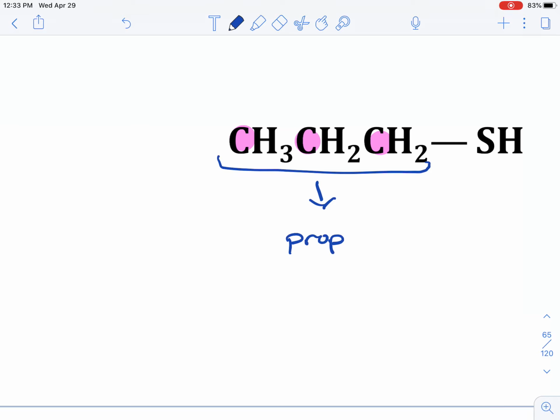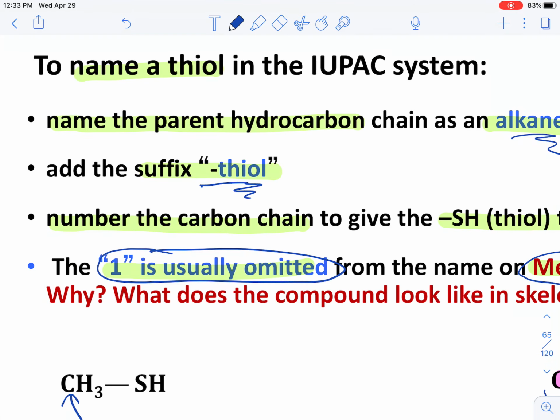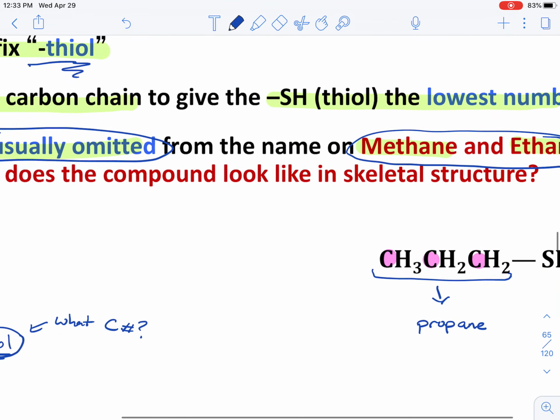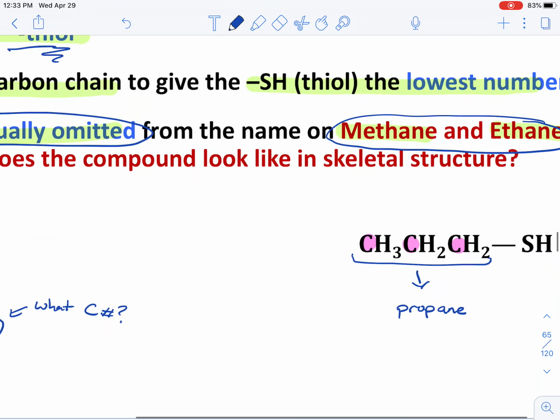Since they're all single bonds, this is going to be propane. Now, according to the rules, we don't really need to change the name of the alkane, much like what we did with alcohols. For alcohols, we drop the E in the ane and then add OL, so we get like ethanol. Here in this case, we just write the name of the parent, and then we add that thiol at the very end. And so what we get here is just propane thiol.